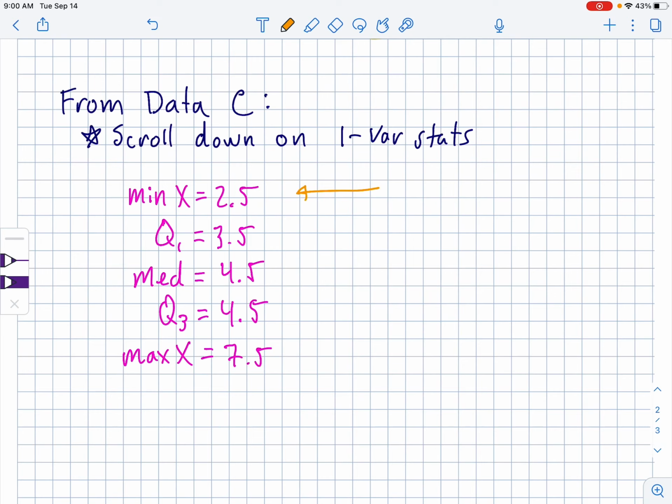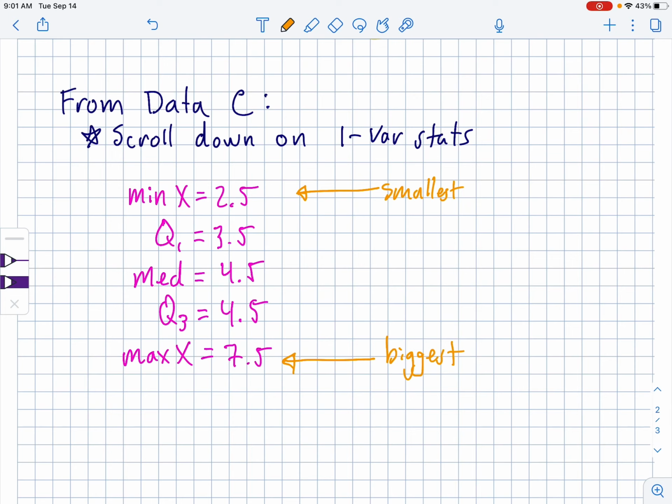So this is your smallest data point. This is your biggest data point. If I was going to find the range for this, I would subtract this number from this number.